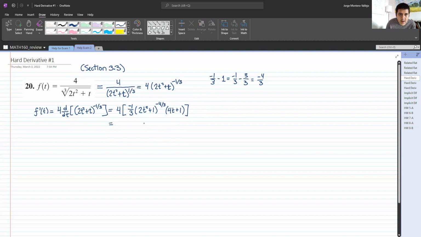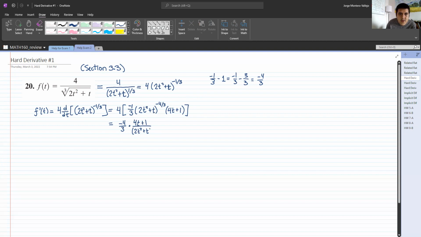Okay, so now the constants multiplying, 4 and negative 1/3, become minus 4/3. And then I'm going to move this one back down to the denominator, right? Because it has a negative power. While I do that, this 4t plus 1 stays in the numerator, where it is. So 4t plus 1 divided by 2t squared plus t.